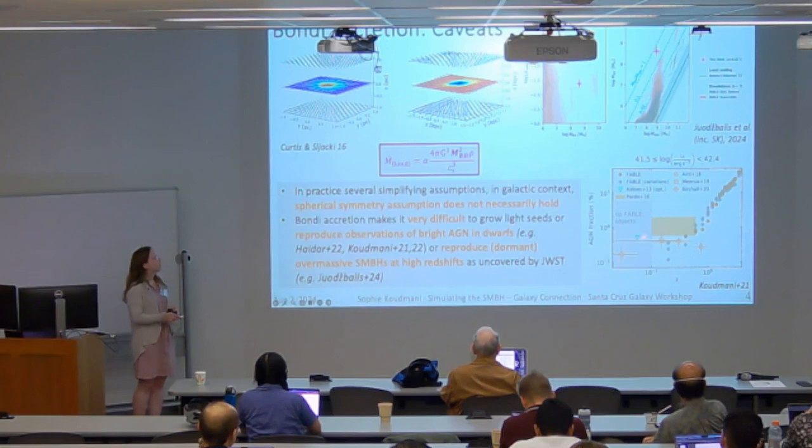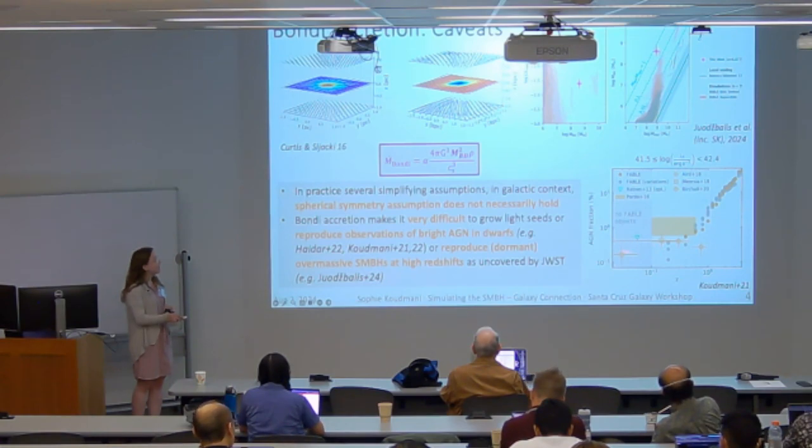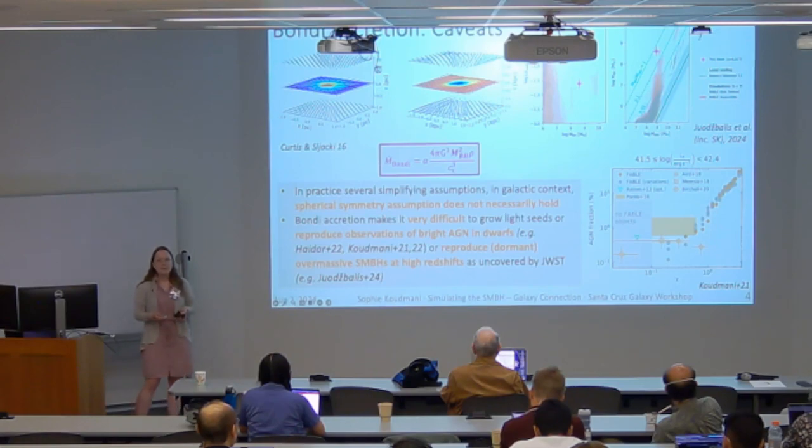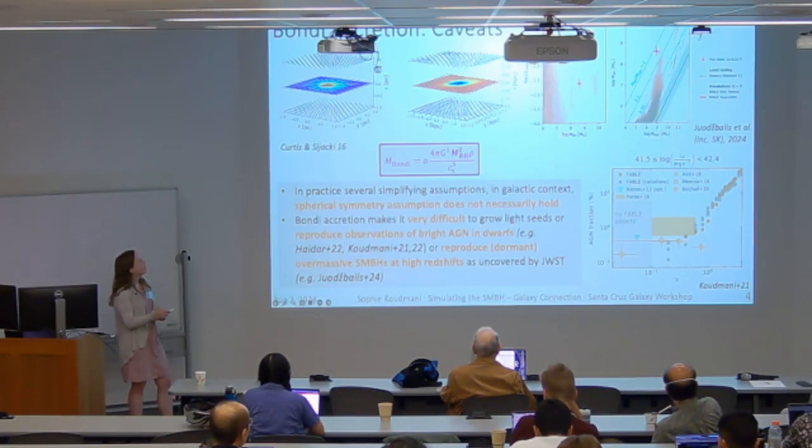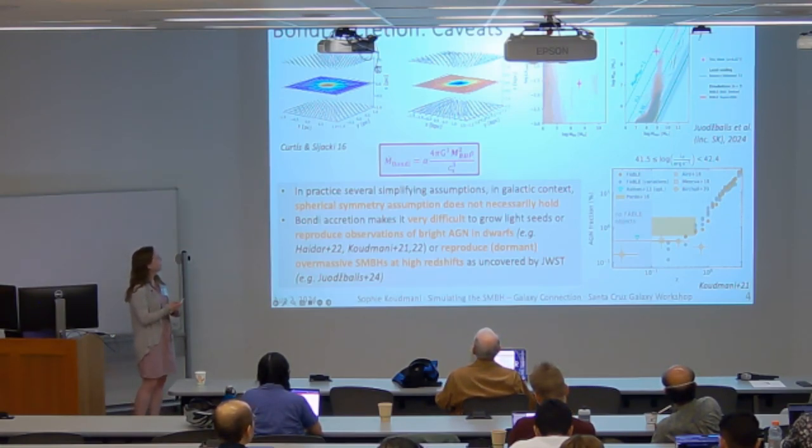And if you look at cosmological simulations that use the Bondi models, for example here in FABLE, you can see that these bright dwarf AGN at low redshift are completely absent from the simulation, so you can't get those. And then you have the related issue of also struggling to reproduce these very bright, very massive high redshift black holes, which were also mentioned by Roberto earlier.